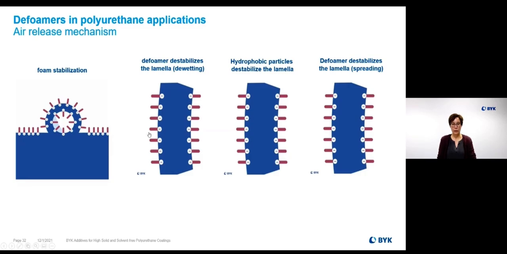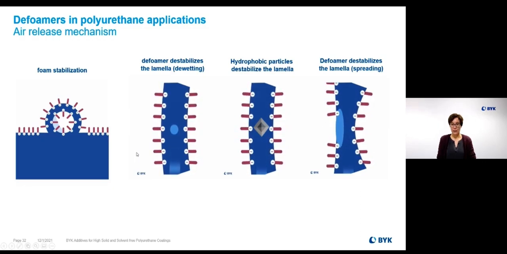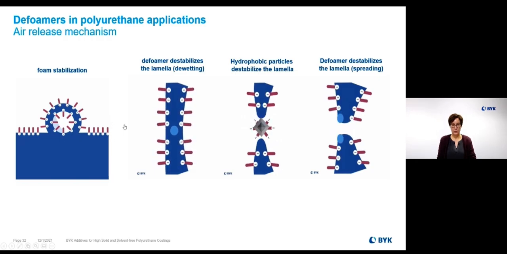How can we now destroy this foam bubble? There are different ways to destroy it, different mechanisms. All these three little dots are more or less defoamers. Generally said, the defoamer has to enter the lamella and has to destroy it.